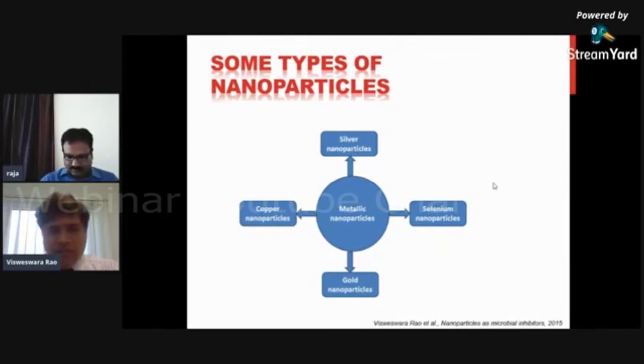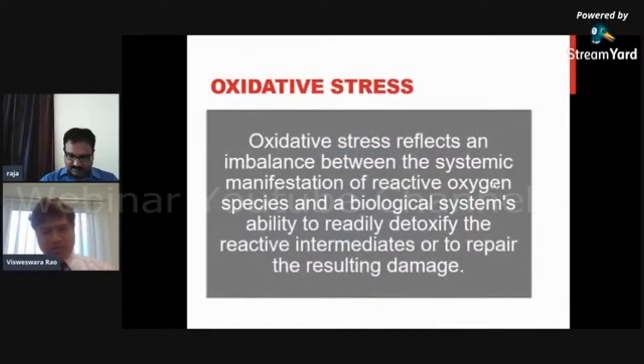There are also zinc oxide nanoparticles, which we use to check the activity of alpha glucosidase inhibitors, an in vitro technique for anti-diabetic activities. And we also use silver nanoparticles and gold nanoparticles. So we synthesize them using natural materials.